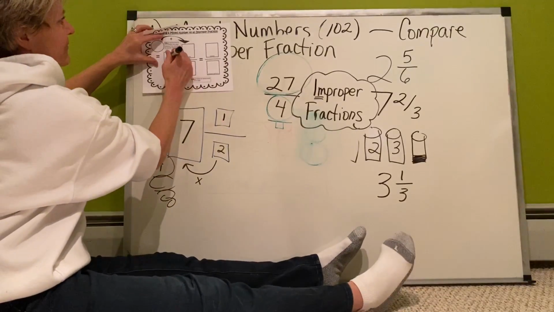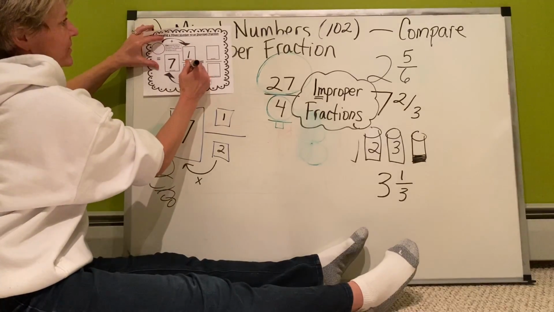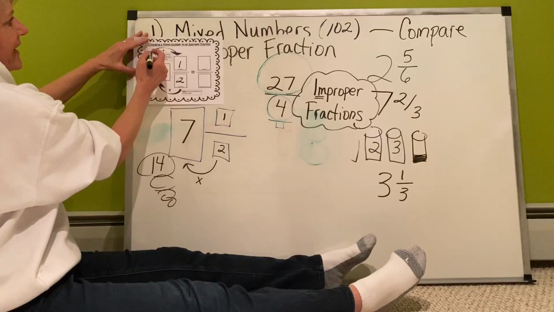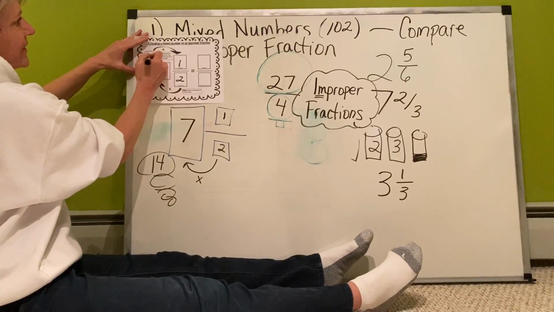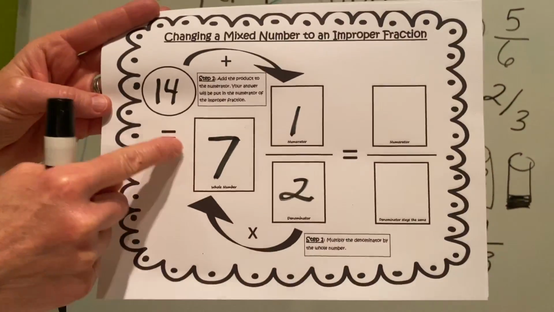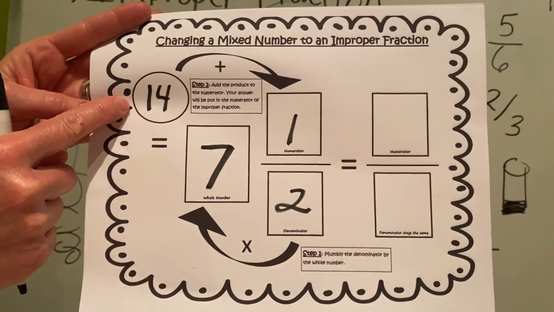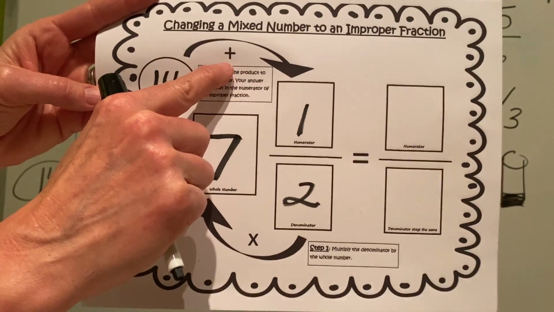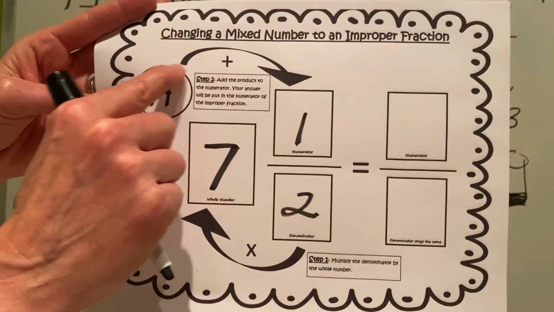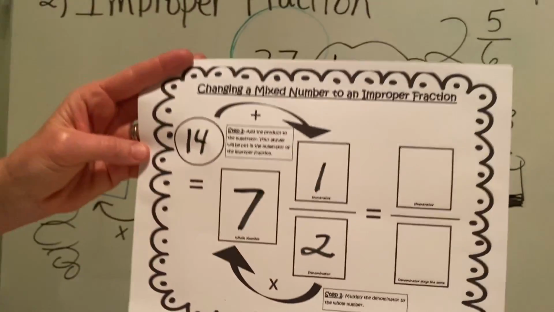So if I was to fill in my worksheet, I would do this. 2 times 7, I'm going to put that number right over here in my thinking bubble. Do you see that? 2 times 7 is 14. That's in my thinking bubble. Now look at this. Now they changed the operation. Now they just want me to add my numerator.